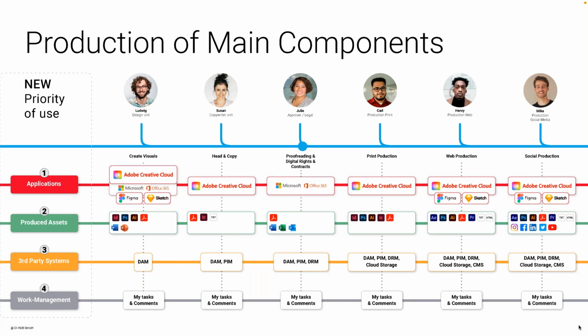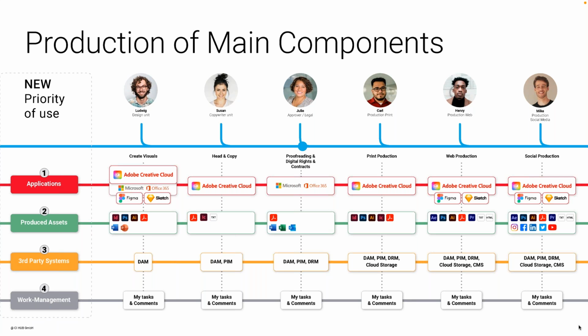They are working with Figma, Sketch, and other guys are working with Microsoft Office, mainly the design unit. They create the master files, the master templates, and it's not only Adobe Creative Cloud applications, it could also be Microsoft Office 365, which means the sales guys maybe need templates in PowerPoint to do their presentations.